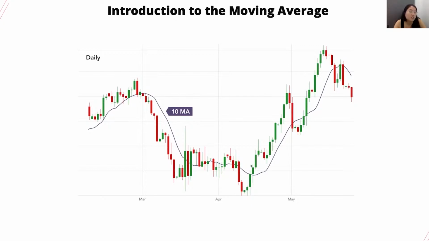Again, the general rule of thumb is if price breaks above the moving average, you are bullish. If price breaks below the moving average, you are bearish. But in this case, you can see how it didn't work out here. It wouldn't have worked out here because price was moving sideways. Okay, so that is the definition.